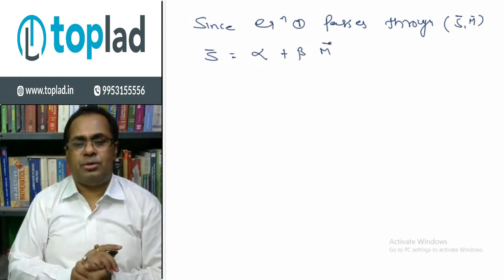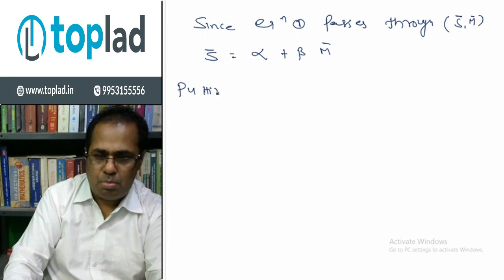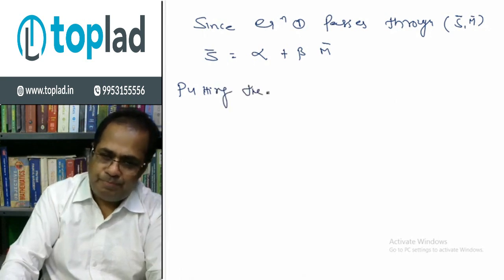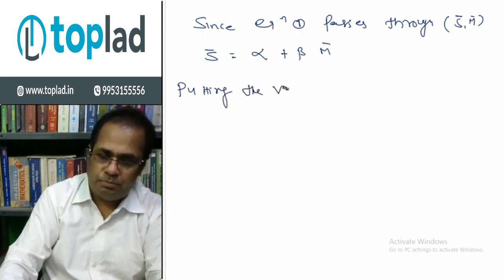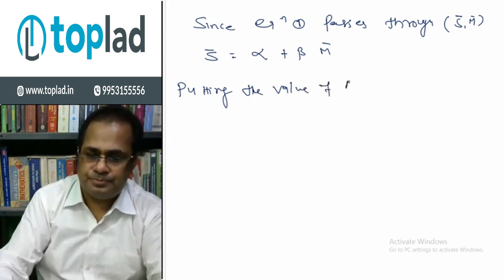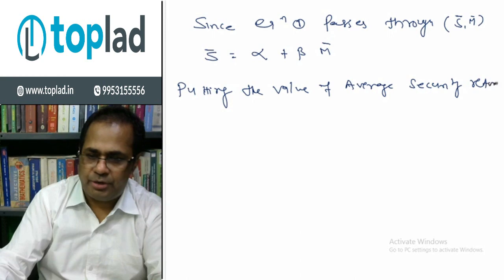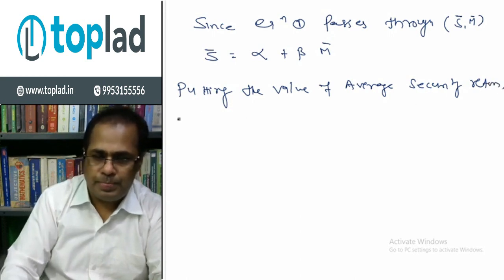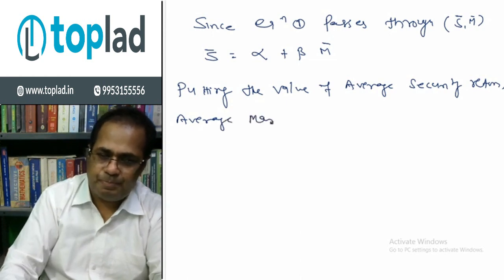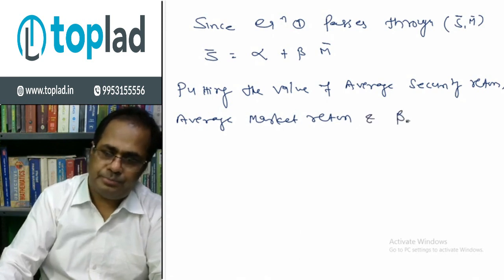Now you can put the values of average security return, average market return, and beta.